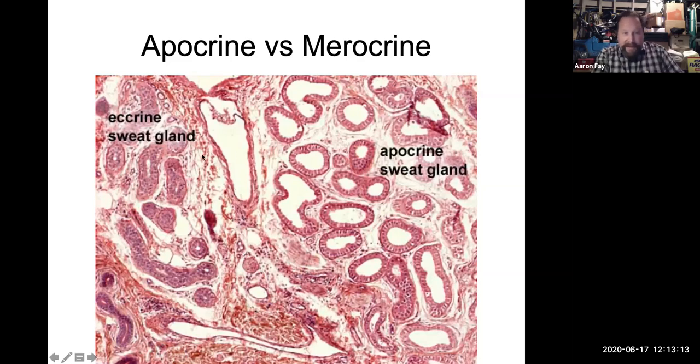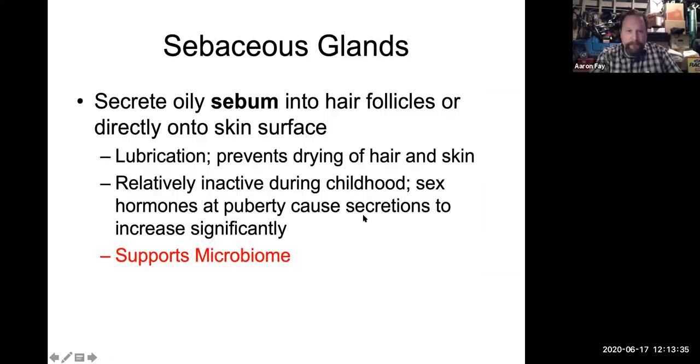So eccrine sweat glands are found all over the body, but especially high concentration: forehead, face, palms, feet. Apocrine sweat glands are found in those stinky areas, plus around the areola. These are the ones producing the liquidy, sort of milky secretion that has lots of proteins and lipids, which feed bacteria, which leads to the smell.